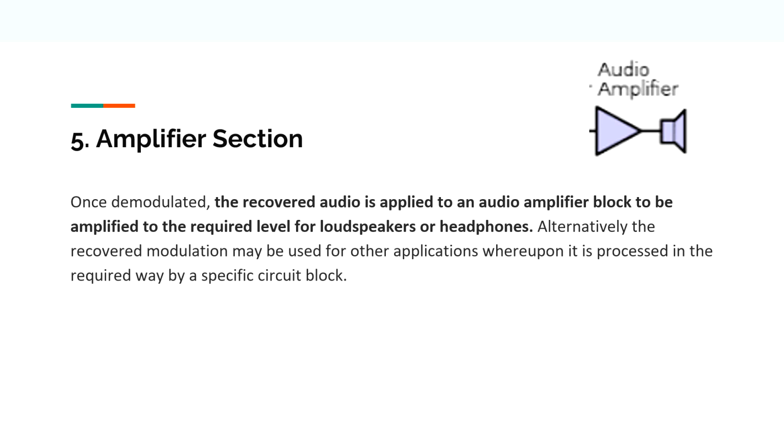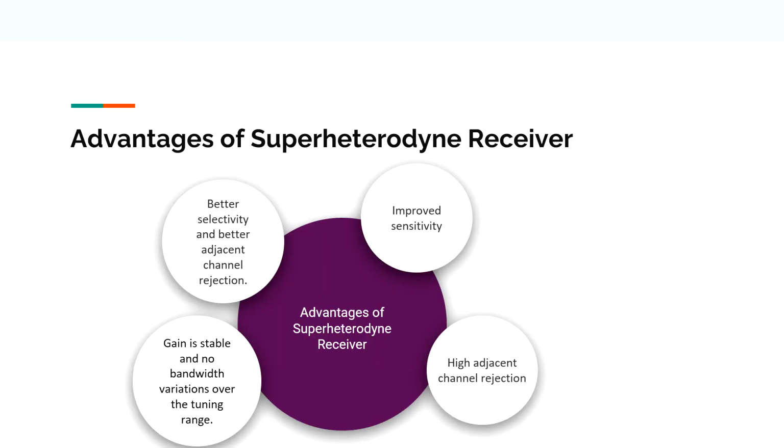So these are the 5 parts in the superheterodyne receiver.